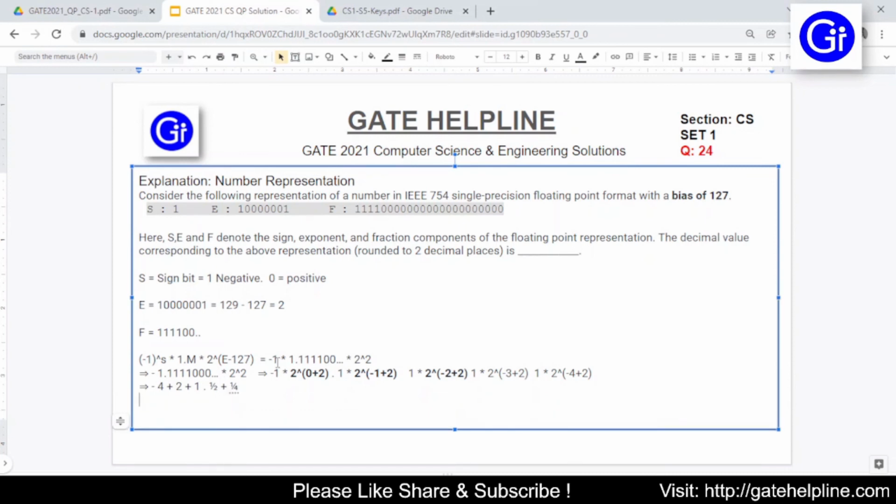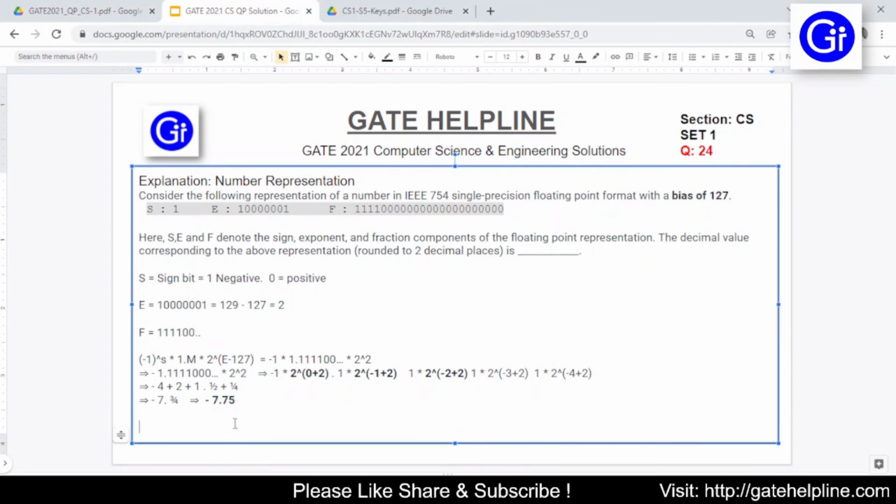So next we just need to find the resultant of this equation: minus 4 plus 2 equals 6, 6 plus 1 equals 7, then the decimal, and then 1 by 2 plus 1 by 4, that is 3 upon 4. So friends, 3 upon 4 is also equal to 0.75. So we can write it this way, minus 7.75. So this is the decimal conversion of this representation.